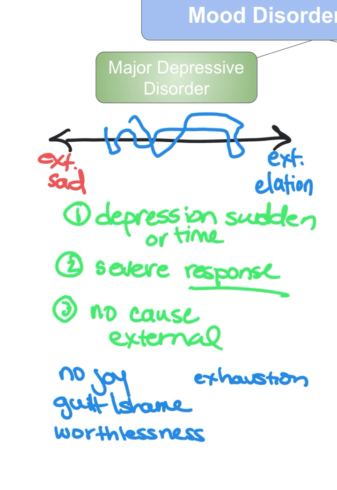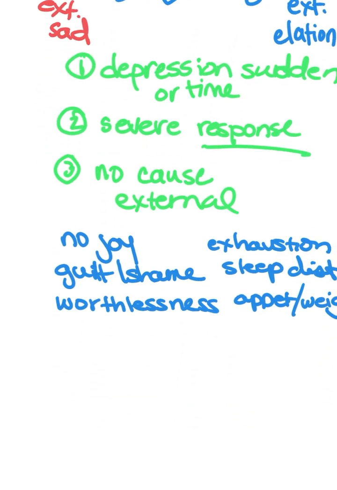Something as simple as getting up and taking a shower can be a goal for the day. There are sleep disruptions: either they will sleep a lot more or they will have trouble sleeping. Their diurnal cycle, their day-night cycle, could get messed up. Their appetite and weight can change. Some people might gain a lot of weight, and others with depressive disorder could lose a lot of weight. It really depends on the person.